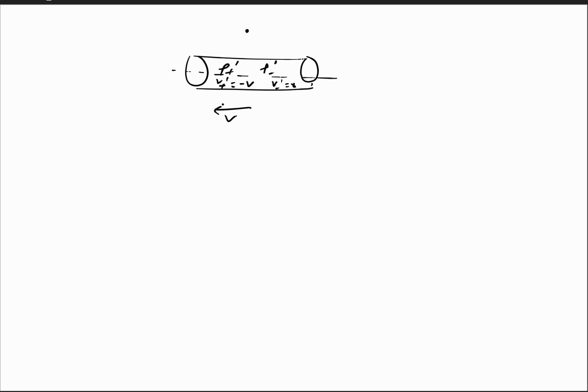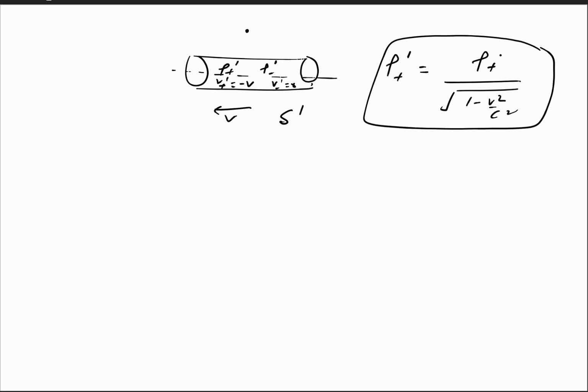So in this moving charge frame, the positive charge density should now be given as the rest frame positive charge density divided by the square root of 1 minus v square over c square. However, in this frame, the negative charge is not moving. So you see, in our normal frame where the wire is stationary, the negative charge was moving.